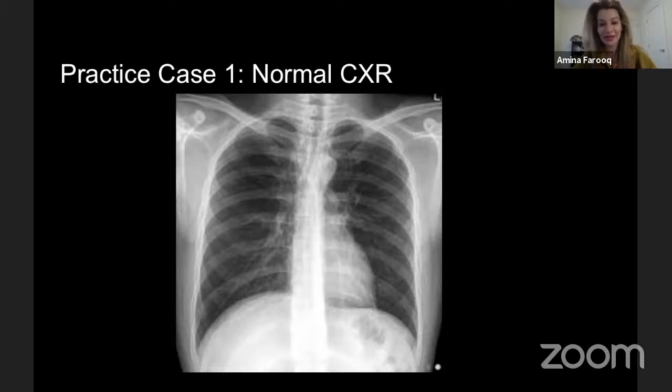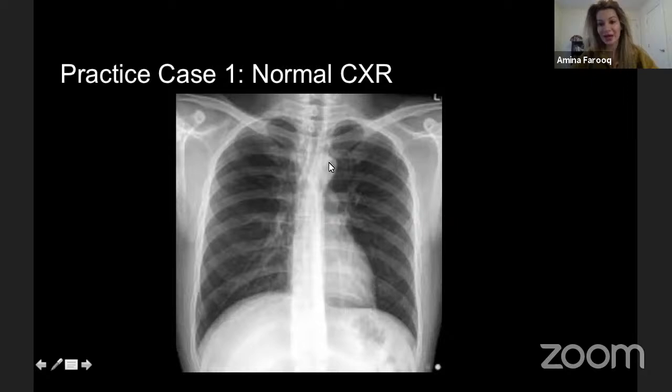And you can type that into the chat box if you want. And so we talked about this chest x-ray. This patient came in with a history of being pretty asymptomatic. And so the search pattern that I would use is that the trachea here is normal. The heart border looks good.